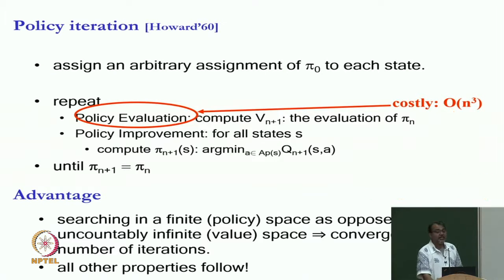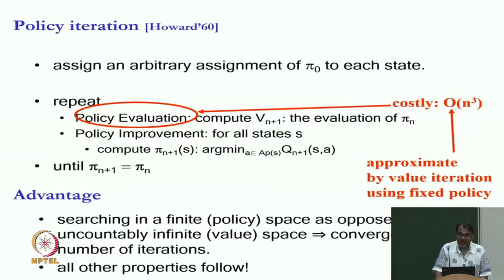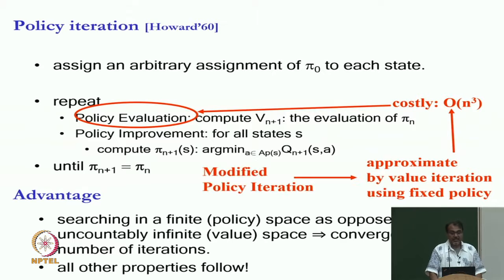Because this is costly, I could also approximate it. Why is it costly? Because I have to solve the system of linear equations that takes order s cube time, but I do not have to fully solve it and then change the policy. I can approximately solve it and then change the policy, and then approximately solve it and change the policy again, and just approximate the policy evaluation step. When I approximate this, it is called modified policy iteration.